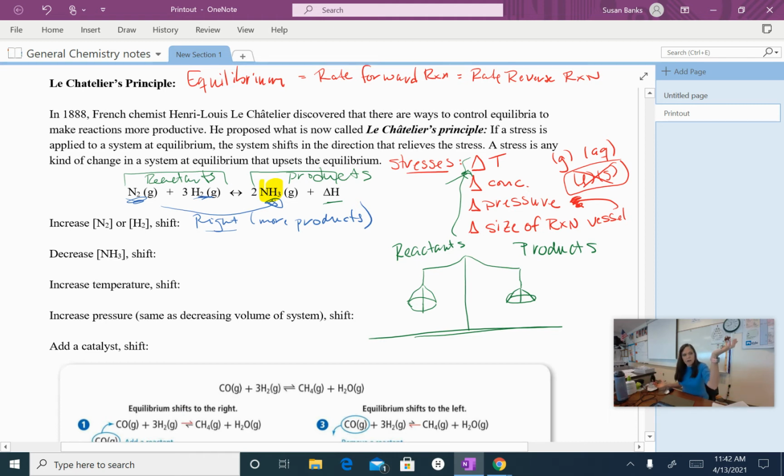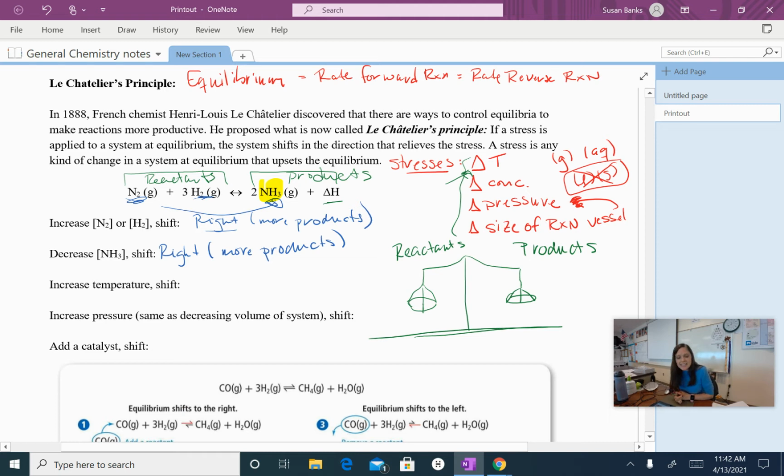So that's going to go up here on my product side, and it's going to make my reactants heavier. So I need to make my product side heavier again to get it back into alignment. So once again, I would shift right. I would want to make more products.